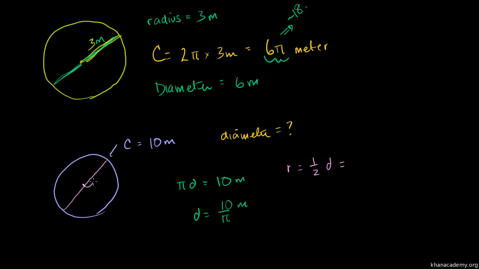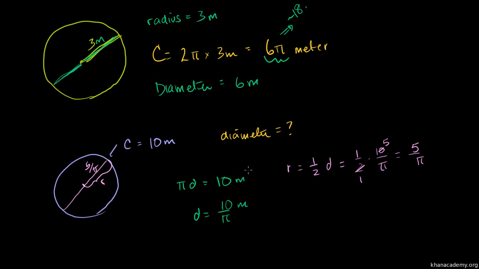And if we just want the radius, we just multiply it times half. So you have 1/2 times 10 over pi, and you can divide the numerator and the denominator by 2. You get a 5 there, so you get 5 over pi. So the radius over here is 5 over pi.